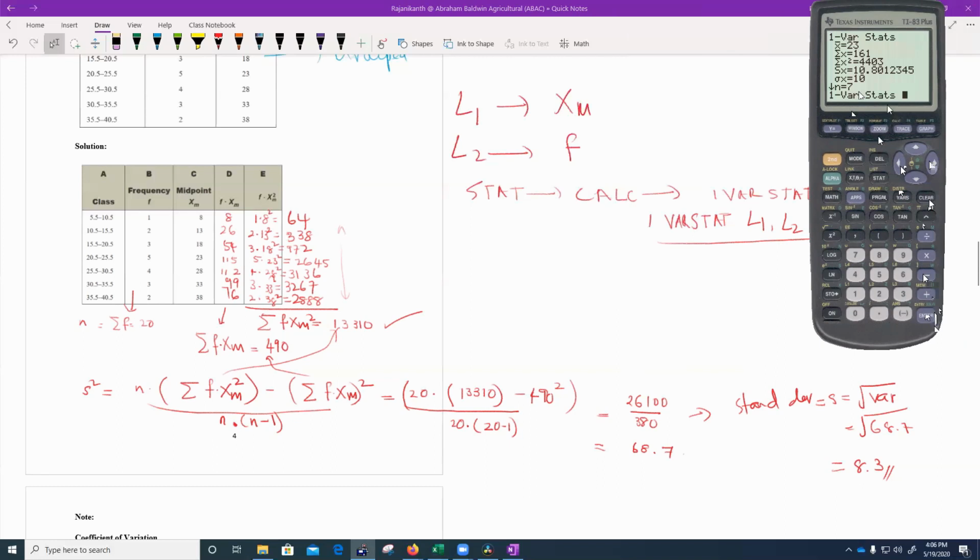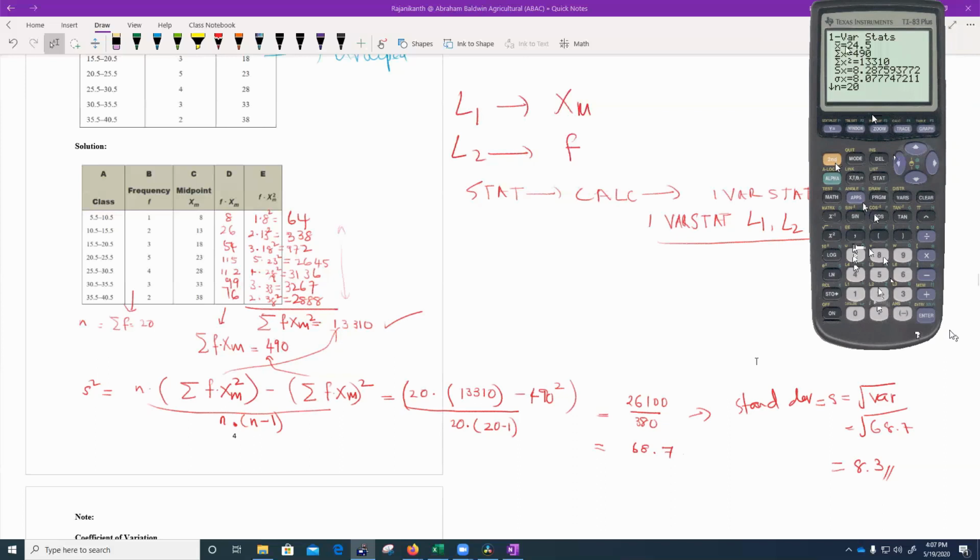Now you are here. Now you need to put the two input columns, L1 and L2. I'm typing L1 here, second with 1, then put the comma, then L2, second with 2, then hit enter. You see now, you got the summary, right?